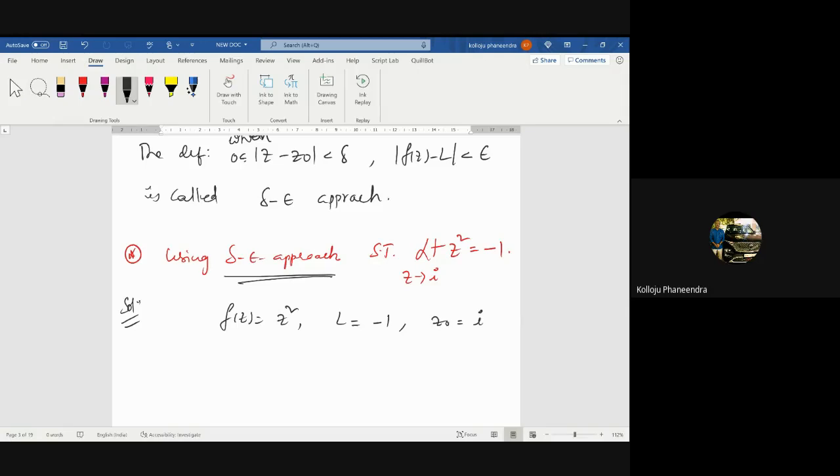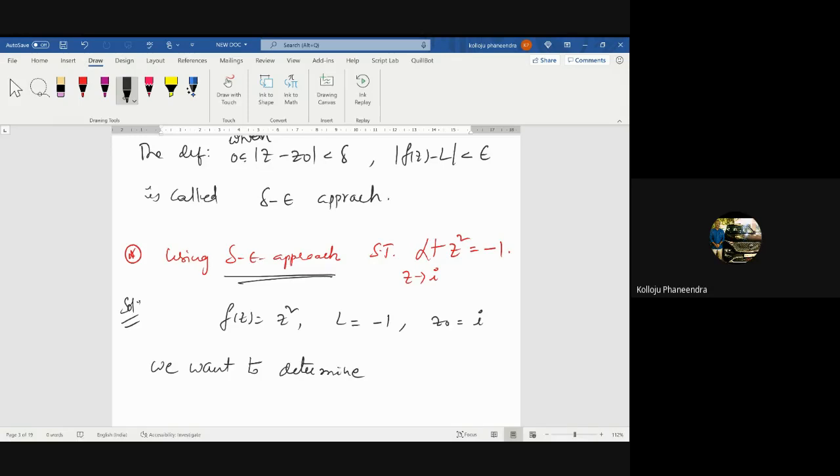What is the definition as per this one? L is given, everything is given, so I have to determine delta and epsilon.